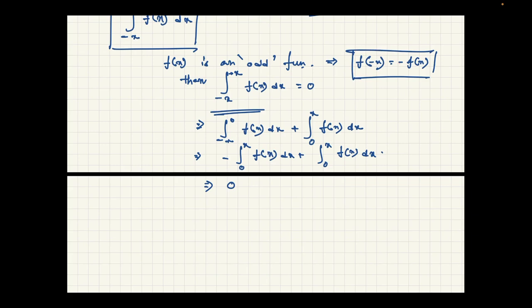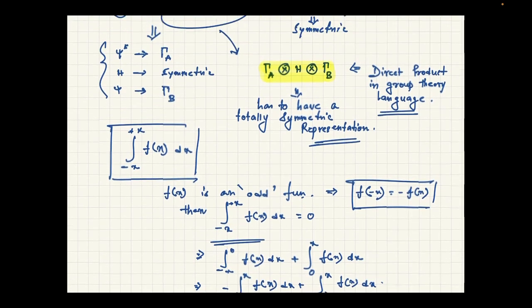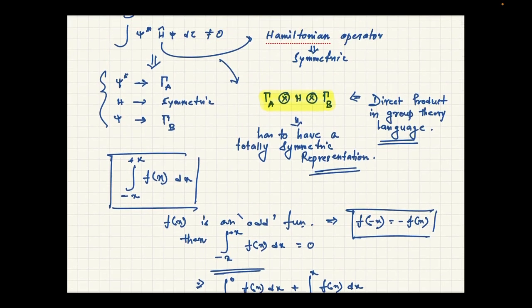So it is not symmetric with respect to inversion symmetry. That means this function f(x) doesn't have a totally symmetric representation. That's why some positive part and the negative part will cancel out each other, and the total integration value will be 0.